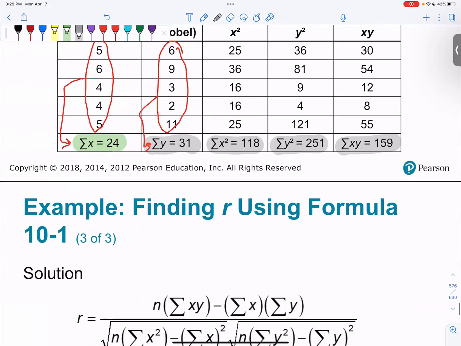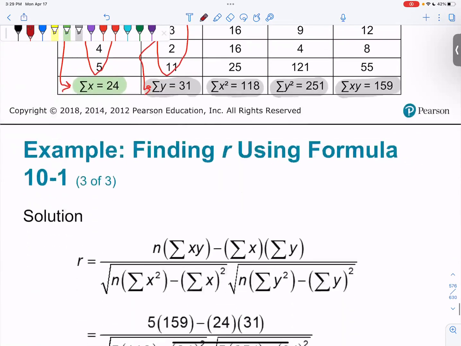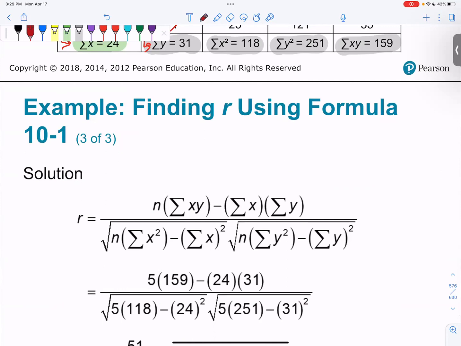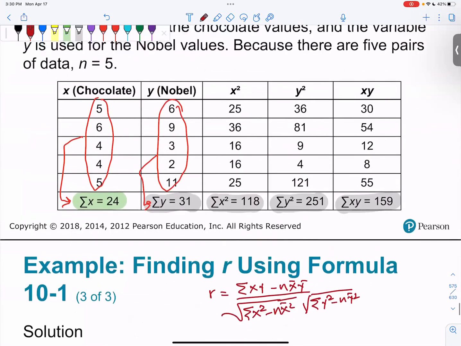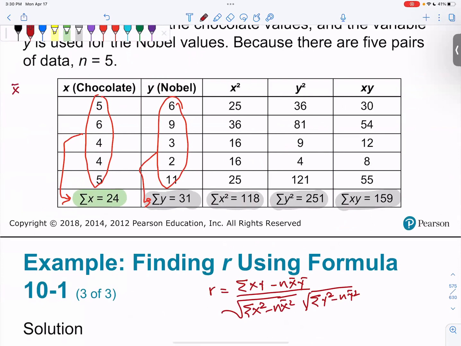Okay. And then we can use this formula: summation XY minus N X bar Y bar divided by the square root of summation X squared minus N X bar squared, and then summation Y squared minus N Y bar squared. So if you want to calculate X bar, it equals 24 divided by 5.